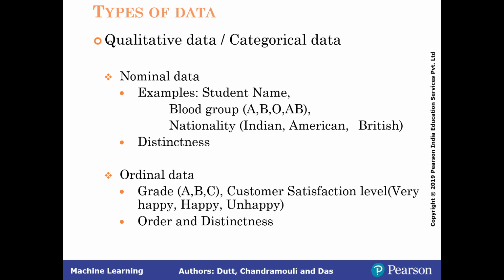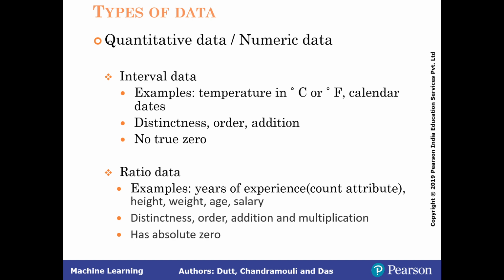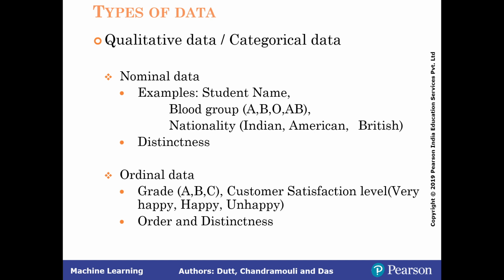Qualitative is also called categorical, and quantitative, as the name itself says, is numeric. In qualitative we again have two types, nominal data and ordinal data. Ordinal data is in order, something like grades or feedback reviews like excellent, very good, good, average, poor, very poor. That concept comes under ordinal data.